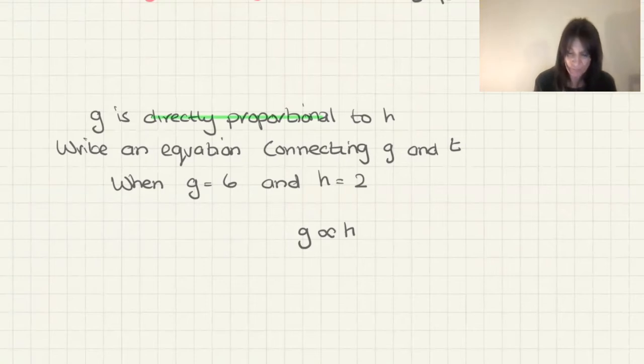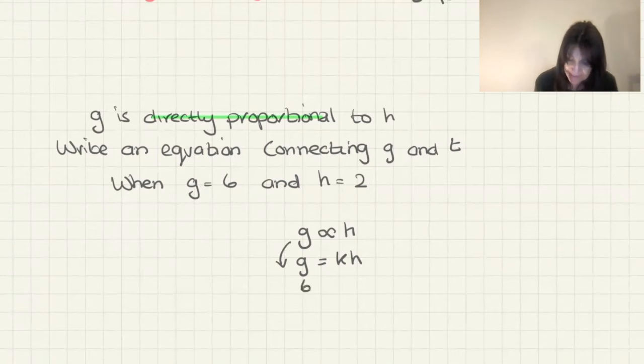Then I need to remember, and you do need to really remember, because it isn't on a formula sheet. This is down to, again, the knowledge that we're trying to build on. So we know it's going to be G = KH, and then we literally just substitute in the 6 and the 2.